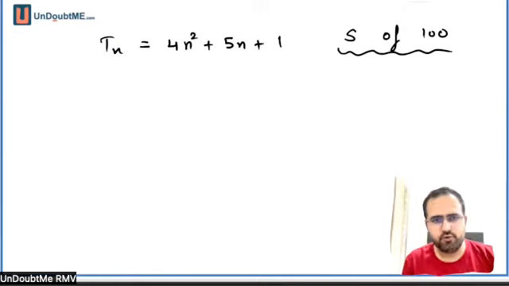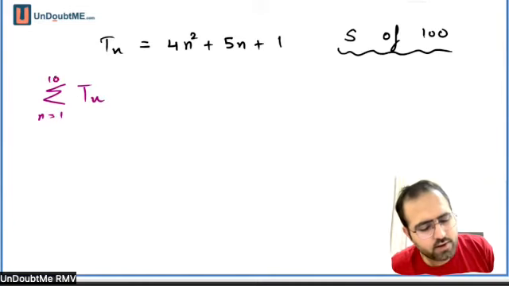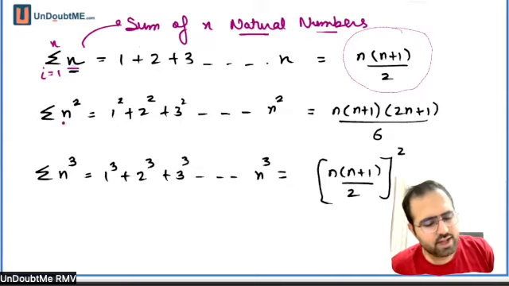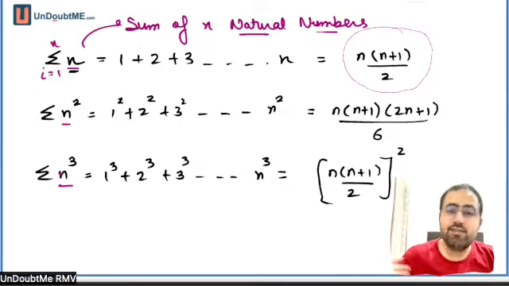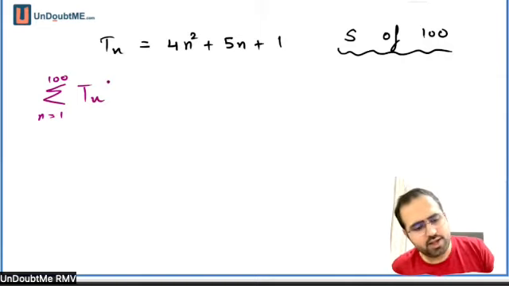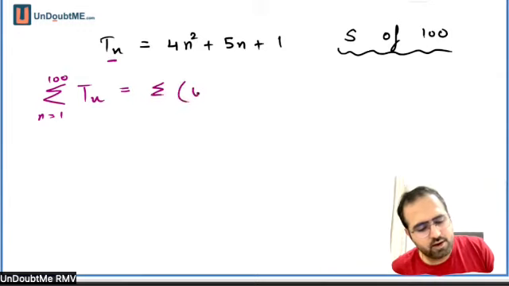First I will write sigma Tn, where n is equal to 1 to 100. Wherever I was writing n square, n cube, these were the nth terms of the respective sequences. Over here the nth term is Tn, and that will be written as sigma of 4n square plus 5n plus 1.